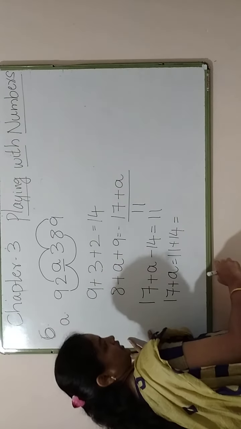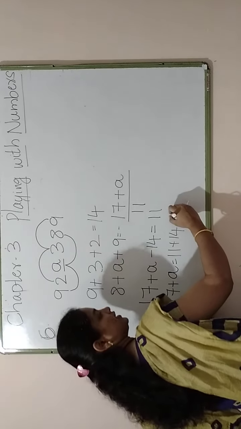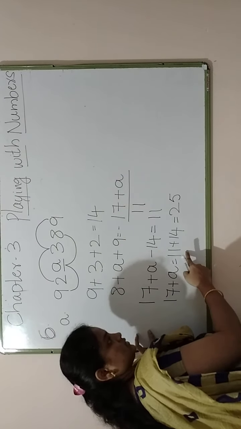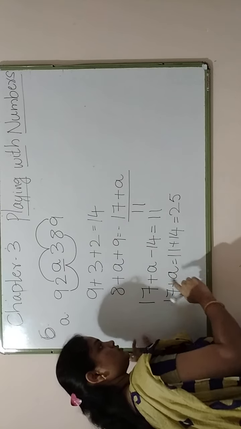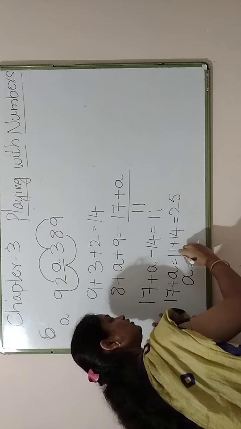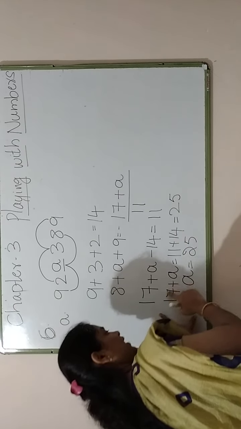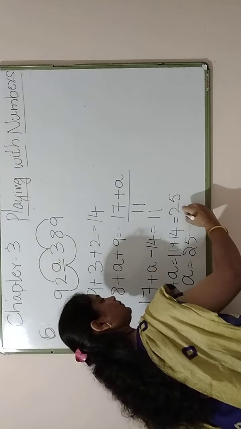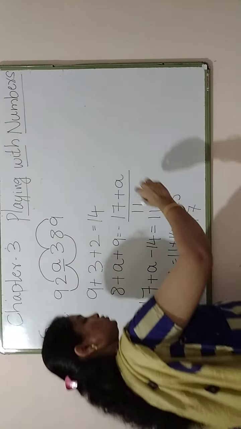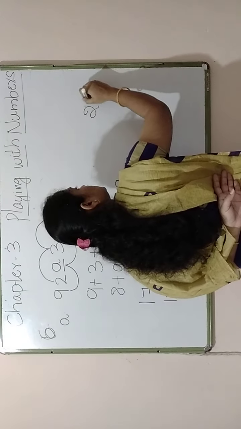That is 25. Okay. 14 plus 11 is 25. So now a is equal to 25 minus 17. So let us do 25 minus 17.